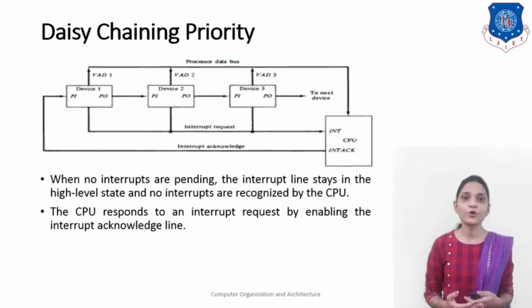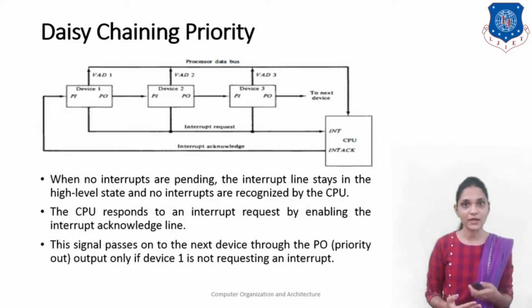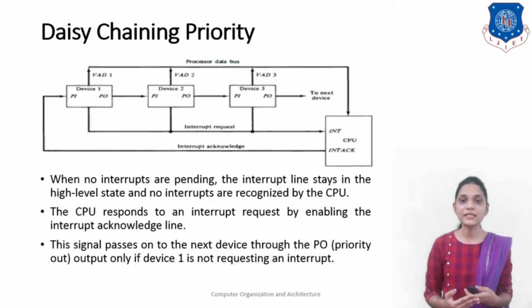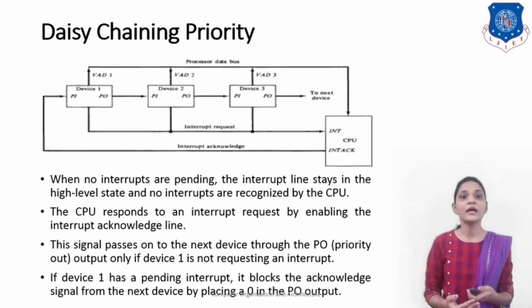The CPU will respond to the interrupt request by enabling the interrupt acknowledgement line, as we have seen earlier, and this signal passes on to the next device through the PO, that is priority out, output line, only if device 1 is not requesting any interrupt. Here PI is the priority in and PO is the priority out. So if device 1 has no interrupt signal, then it provides the output signal PO as 1 for device 2.